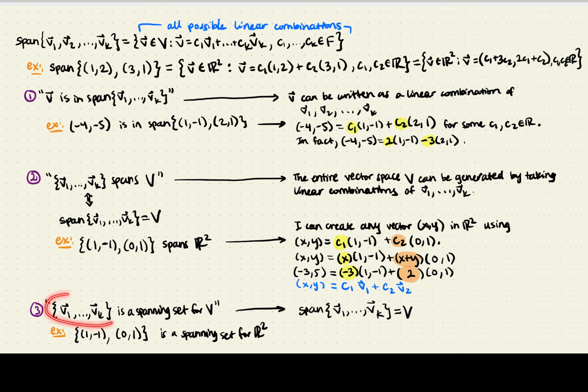If a set of vectors is a spanning set, that's very much related to the second phrase up here. That's kind of the adjective, the description about it. Then the verb, it spans that set. I can generate the entire set, V, using just linear combinations of those vectors.